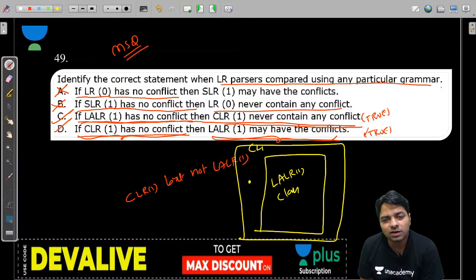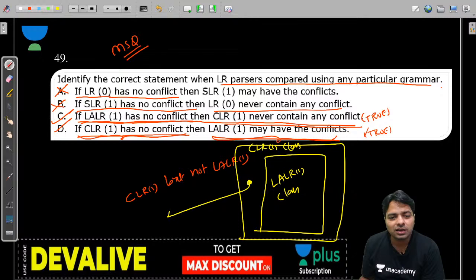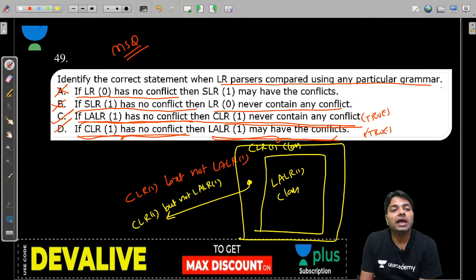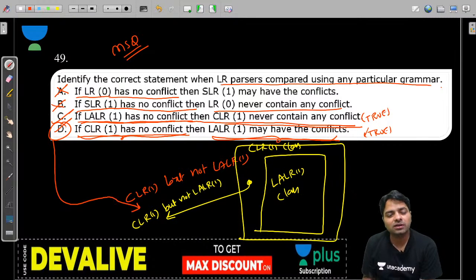Talk about this CLR1 class. Now guys, look at this. This grammar is CLR1 but not LALR1. It means CLR1 has no conflict, but LALR1 will have a conflict, no doubt. So option D is the best example, this one.